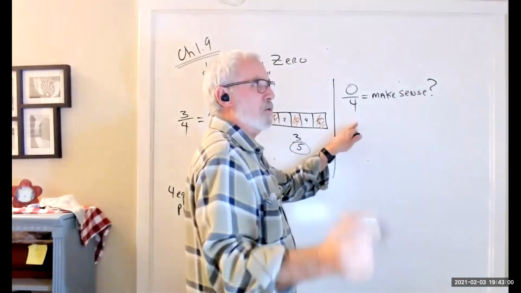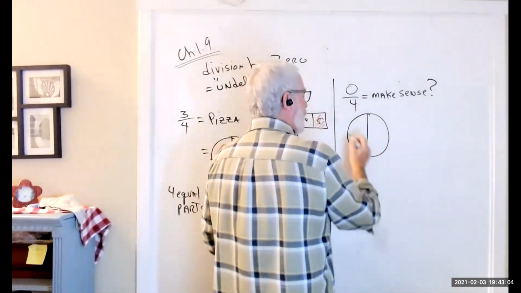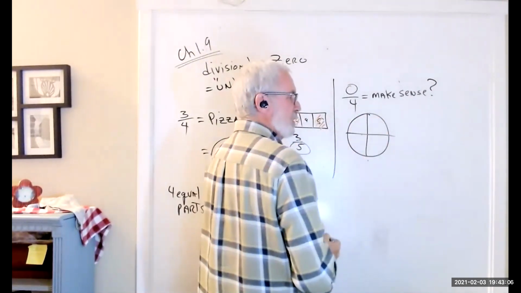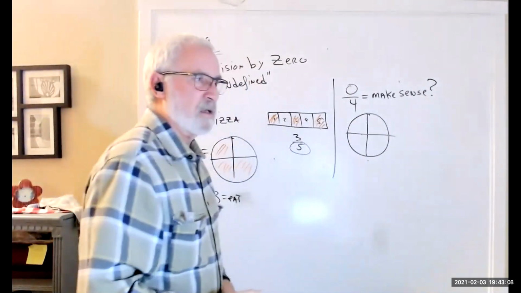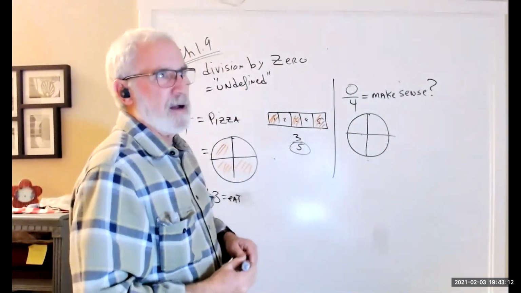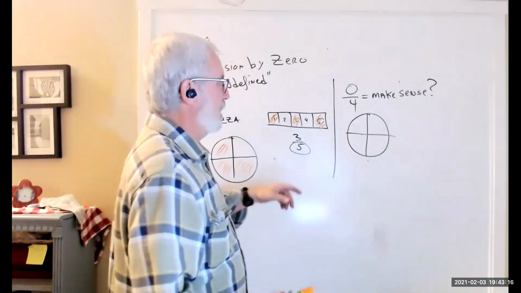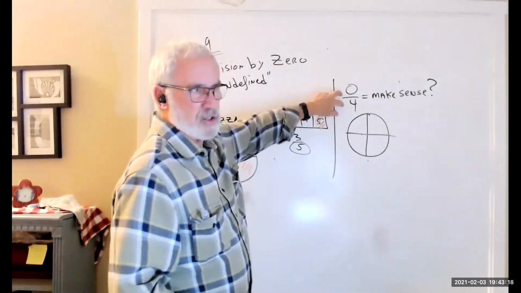So there's a pizza. It was cut into 4 slices. And how much did you get? Nothing. None. Zero. You got nothing. Is that possible? Yeah, that makes sense, especially if your friends are pigs or something like that. But that makes sense.